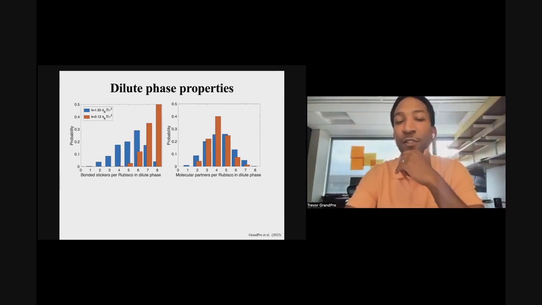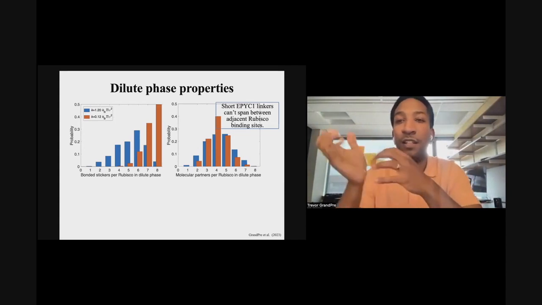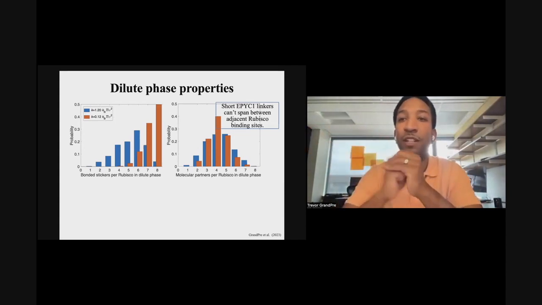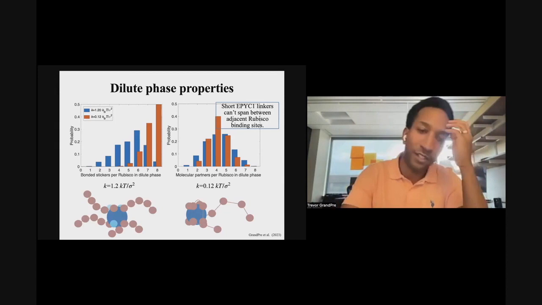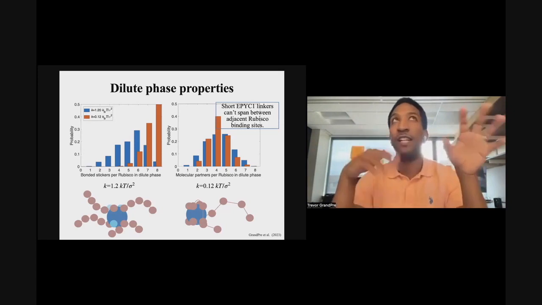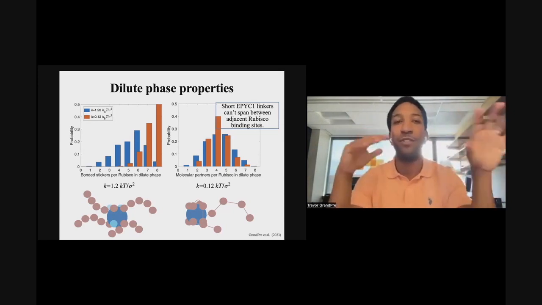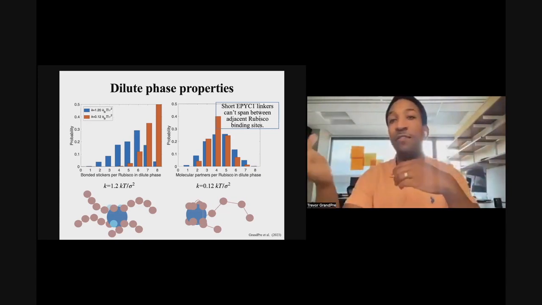This shows you that these short EPYC1 linker systems can't span between adjacent Rubisco binding sites. So for the short linker system on the left, there are Rubisco that have stickers available, and it's thermodynamically unfavorable for them to stay out in the dilute phase when they can join the dense phase and satisfy all of their bonds.